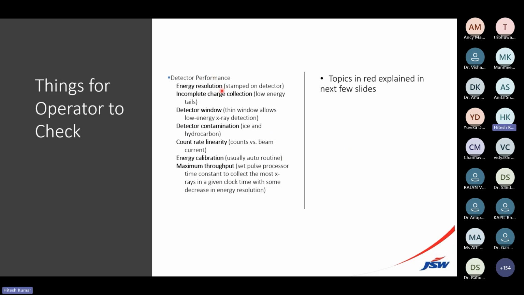Detector performance depends on energy resolution, charge collection, detector window, detector contamination, count rate, energy calibration, and the maximum throughput. Those are the things which should be taken care of during EDS analysis.